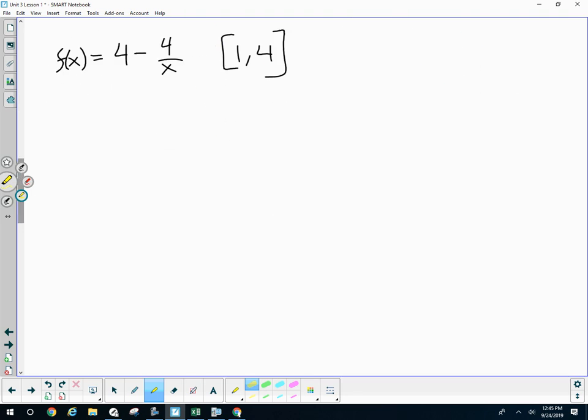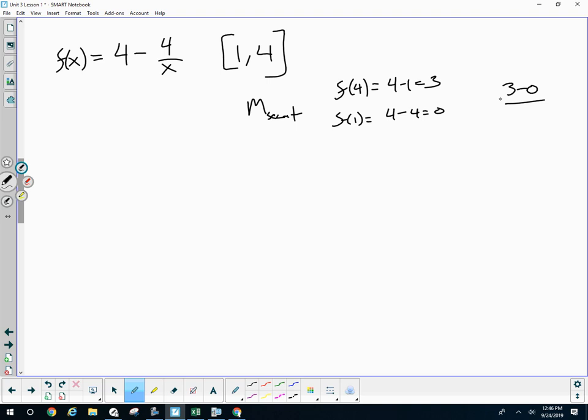Let's look at this. Let's look at the slope of the secants. We got f of 4, 4 minus 1, which is 3. F of 1, 4 minus 4, which is 0. So I've gone up 3 units over the course of 3 x units.